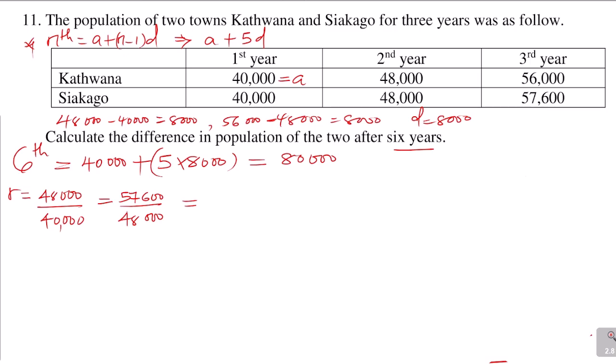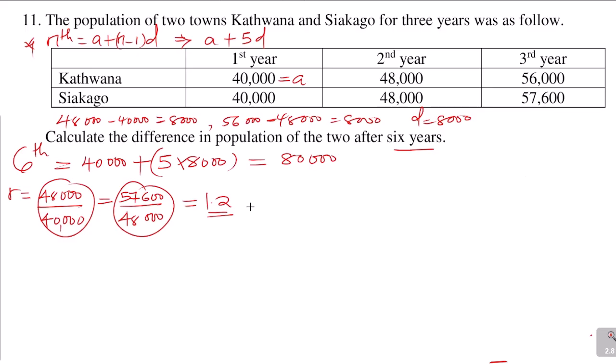When you use the calculator, you notice that both of these give a common ratio of 1.2. 1.2 means that there's an increase of 20% after every year. So there's a common ratio. If the common ratio is there, then this one is a GP, geometric progression.